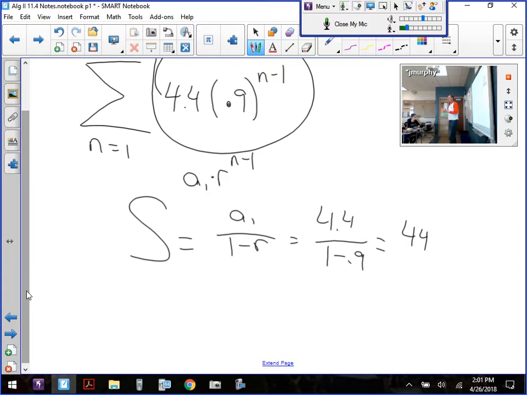Yeah. Remember, the solutions are posted. Don't worry about anything that says recursive. We are not dealing with anything called recursive. The stuff that's on here says explicit. I'm going to reiterate the lingo with you guys here today in a second. I just wanted to go through that. But are there questions at all about geometric infinite?